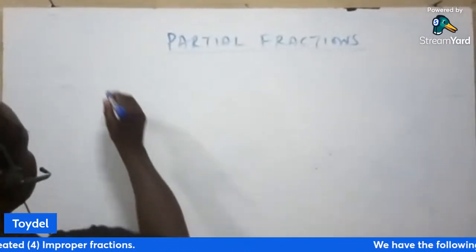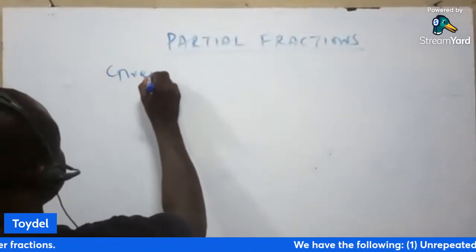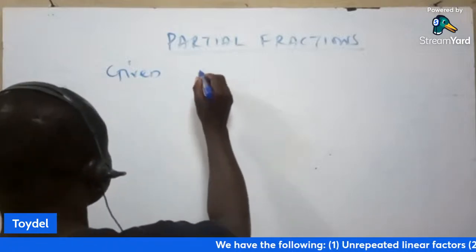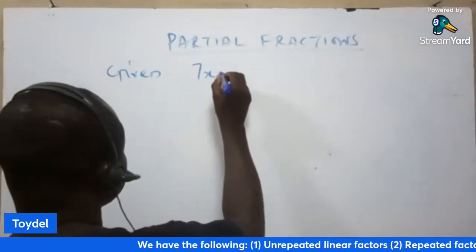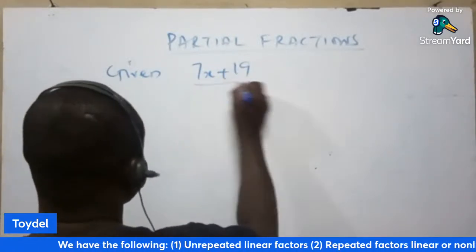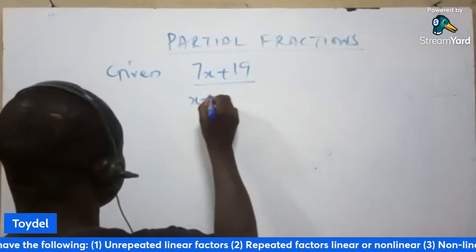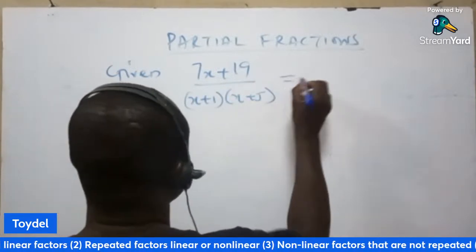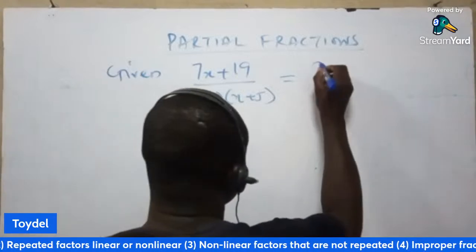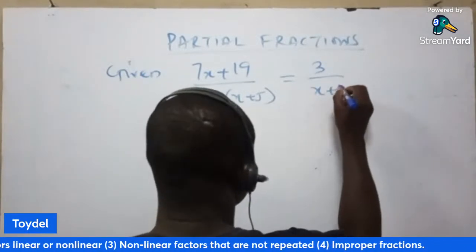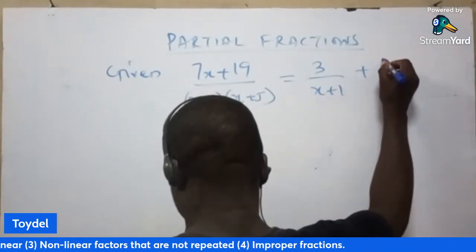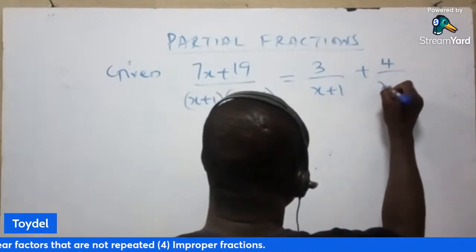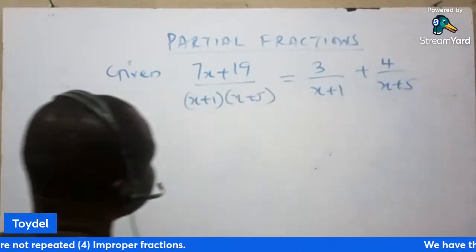Now, partial fraction. Let's say we are given (7x + 19) all over (x + 1)(x + 5), and this can be split into 3 all over (x + 1) plus 4 all over (x + 5).